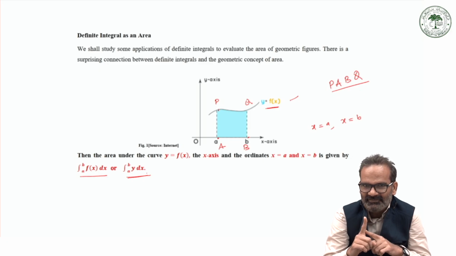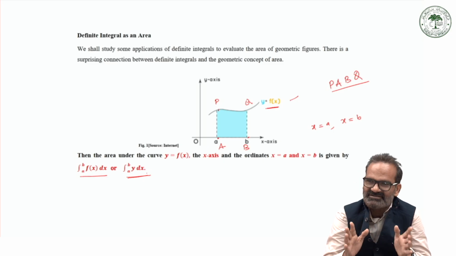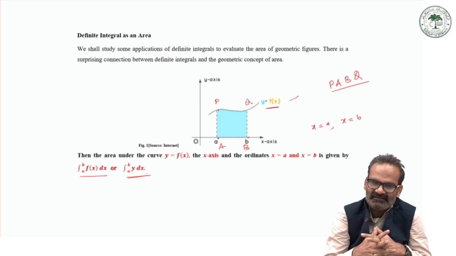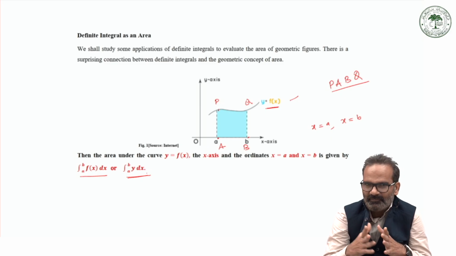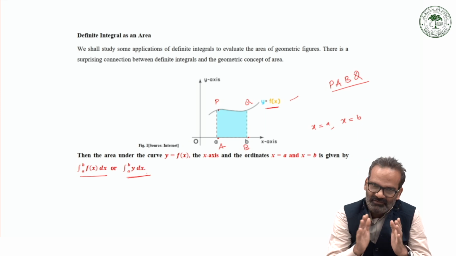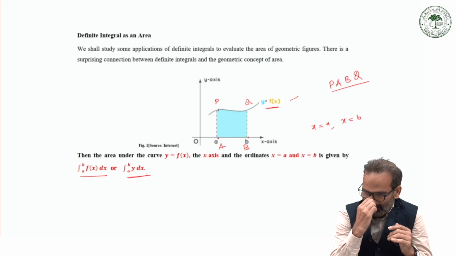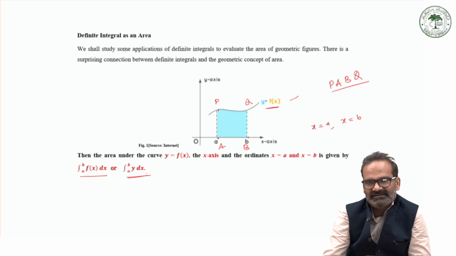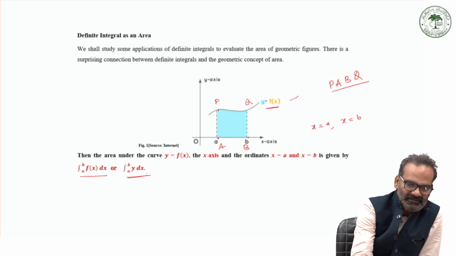And third, we must have ordinates, x equals a and x equals b. From geometry, in your 9th or 10th standard, a line drawn parallel to the y-axis is known as an ordinate, and a line drawn parallel to the x-axis is known as an abscissa.